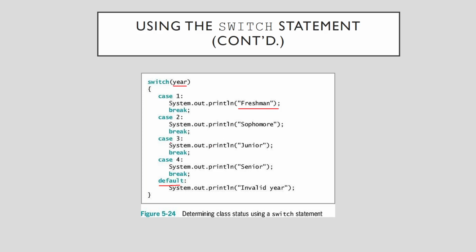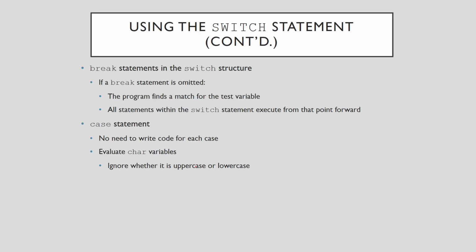On the other hand, if the year's value is 3, junior will be displayed. What if the year's value is 5? What will be displayed? It will display an invalid year. Correct, since the value is not found in any of the cases.